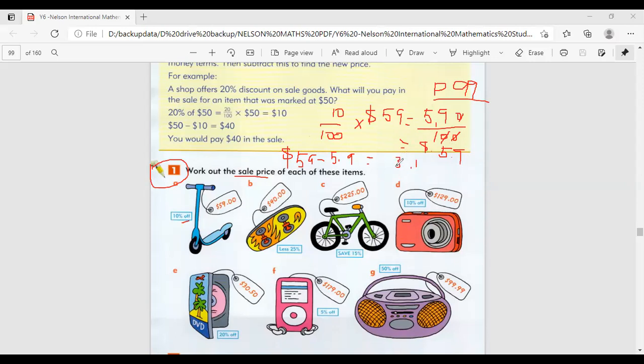So the new price will be 53.1. Okay, so the answer is, after the 10% off, it became 53.1. Okay, now let's do another and you can do the rest.